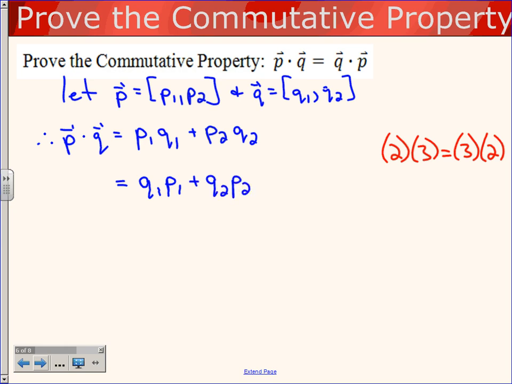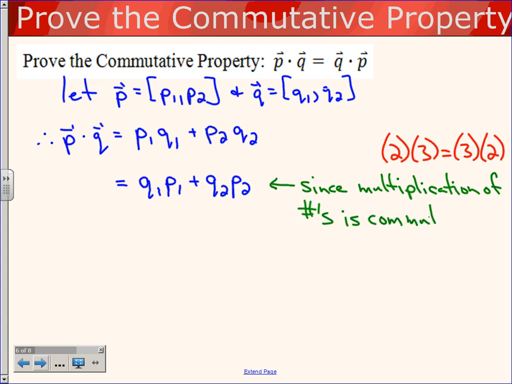And I'm going to put a little note in. I'm going to say, since multiplication of numbers is commutative. So I'm not proving that commutative works for numbers.